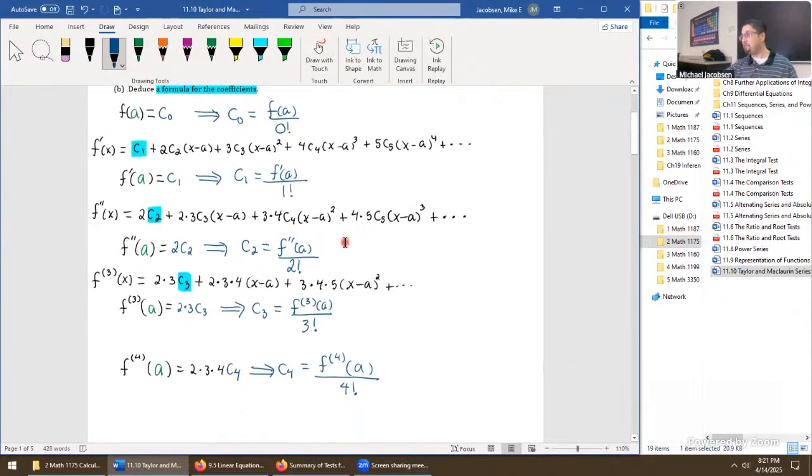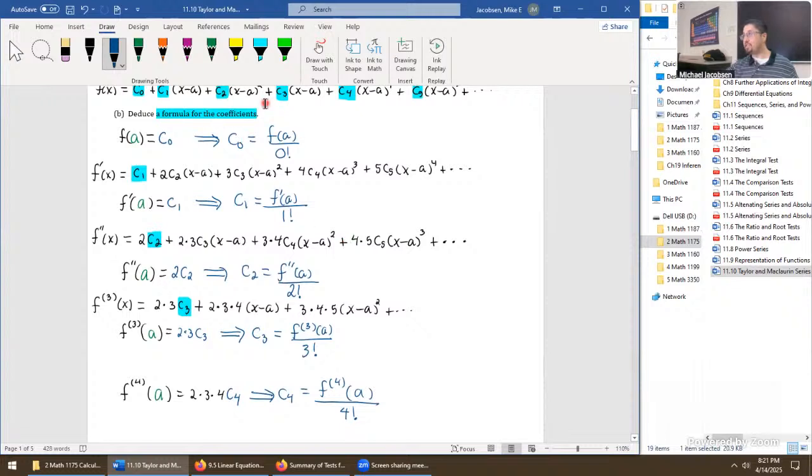We can say as an overall conclusion to part B, where it says deduce the formula, let's say, therefore, here's our deduction. The coefficient Cn at any index n, so this is for n bigger than or equal to 0 as an integer, Cn is going to be f at n at the center A, divided by n factorial.